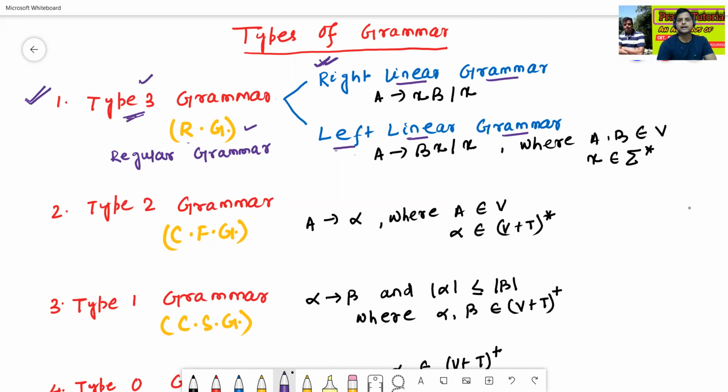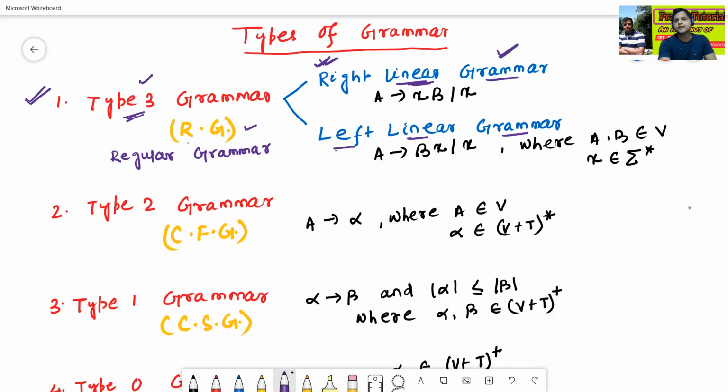See here, what is the meaning of right linear grammar? If the grammar is either right linear or left linear, then this grammar is called regular grammar, or type 3 grammar.